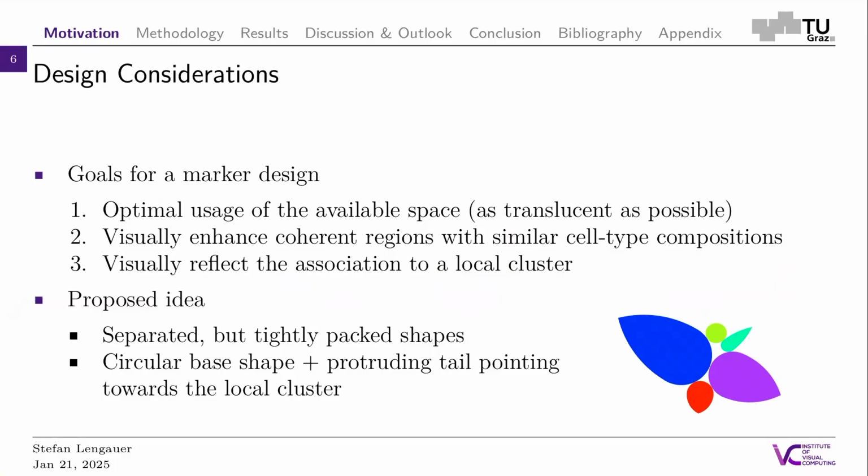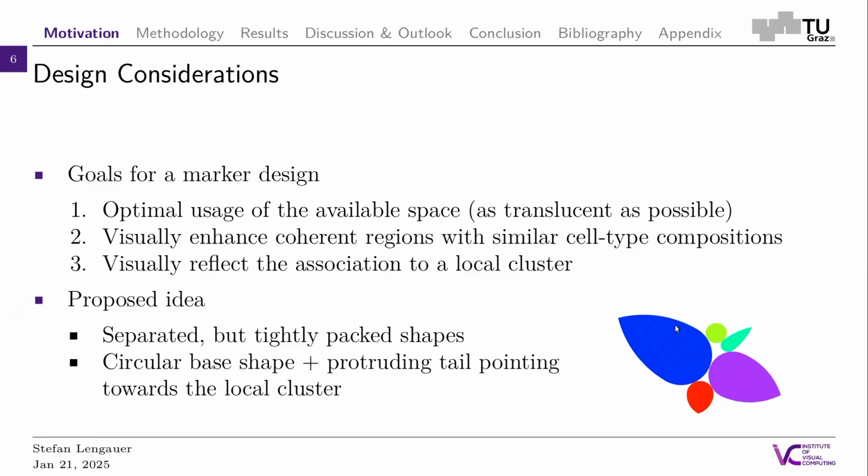We decided for the most simple shape, a circle, so to speak, where the radius reflects the contribution of the class. But additionally, as you can see, we equipped the circle with a protruding tail, which points in the direction of the next accumulation of the same class. And also the manifestation of this tail, how pronounced it is, depends on how far off this accumulation is and how prevalent it is.